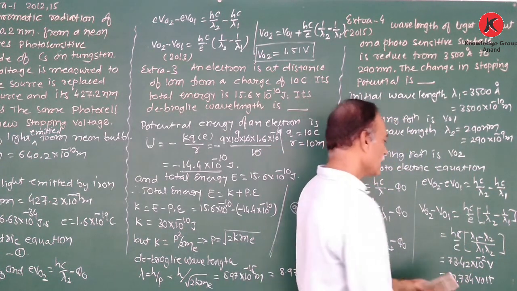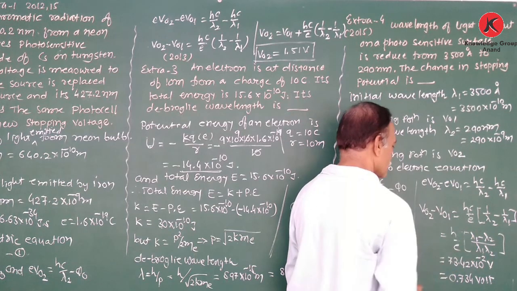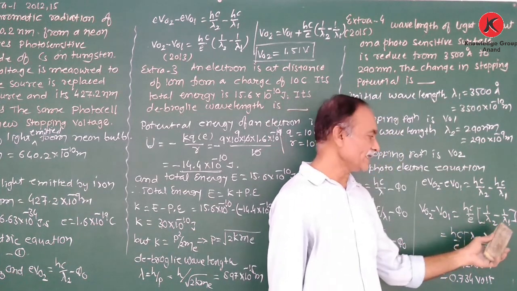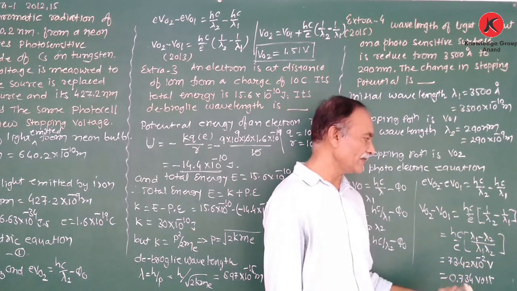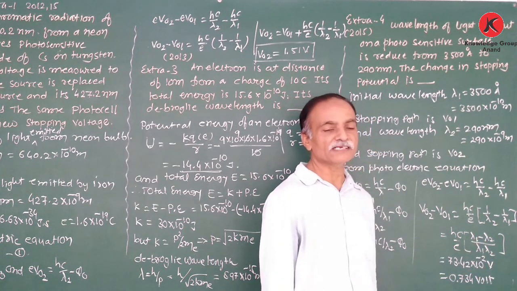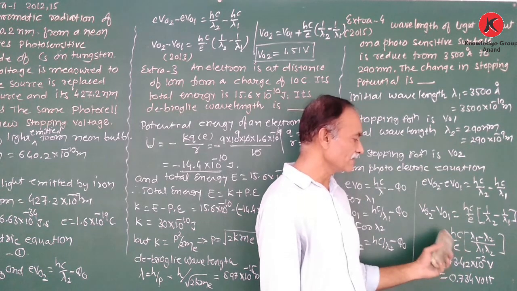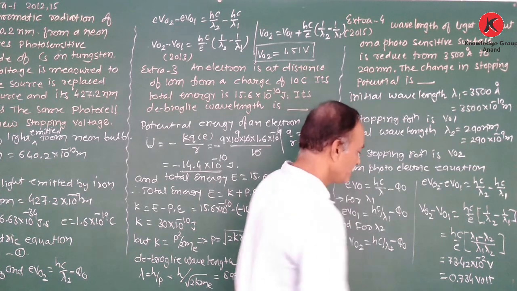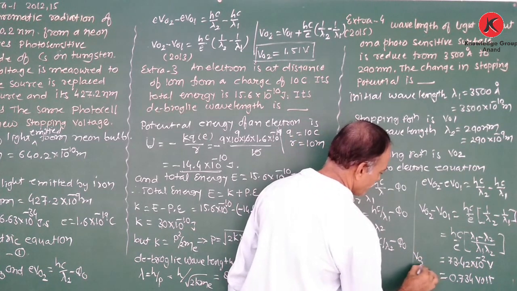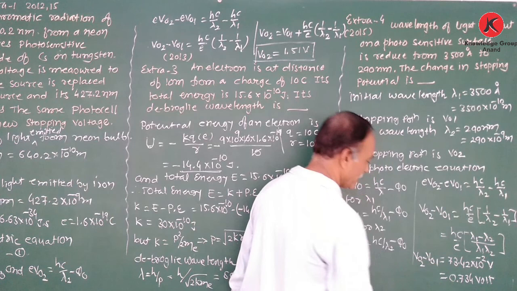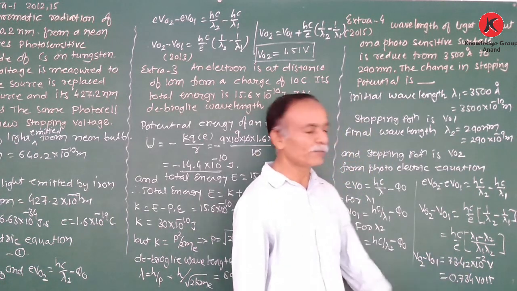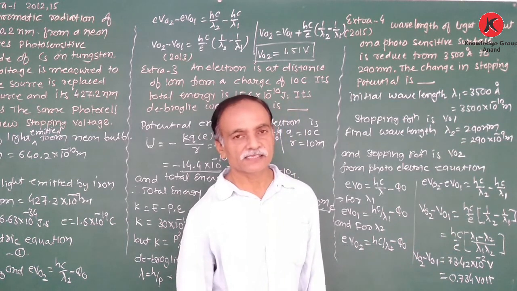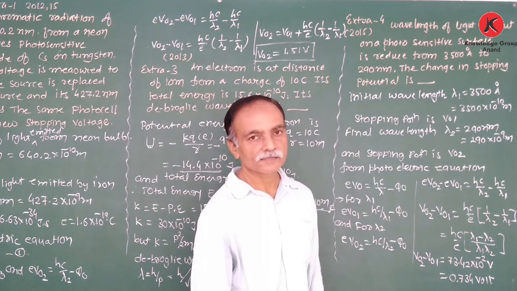For the bracket, we take the LCM lambda 1 lambda 2, therefore lambda 1 minus lambda 2. If we substitute the values of these quantities, we obtain the difference in stopping potential V02 minus V01 as 73.42 into 10 to the power minus 2 volt, that is 0.734 volt. Clear this?